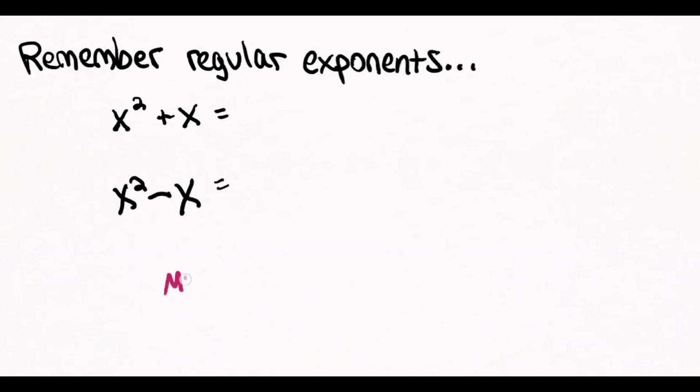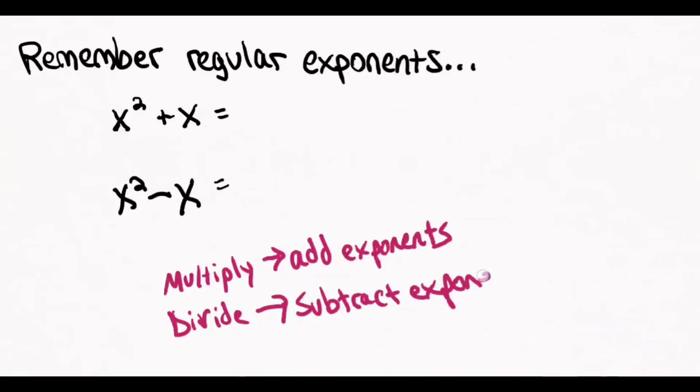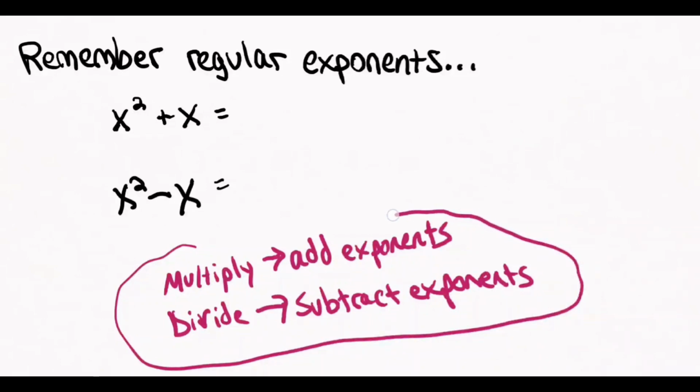When you're multiplying, you add the exponents. When you divide, you subtract the exponents. So, because it's weird, let that weirdness help you remember that. When you multiply, you add the exponents. When you divide, you subtract the exponents.